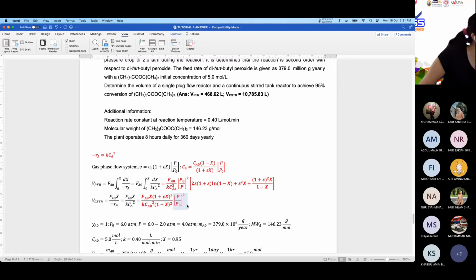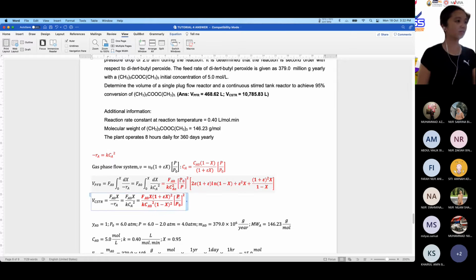Okay, kejap saya tengok something here. P per P0. Okay, kejap. I find something is weird here. k C_A0, saya rasa macam terbalik. Pressure drop, 1 plus epsilon X.